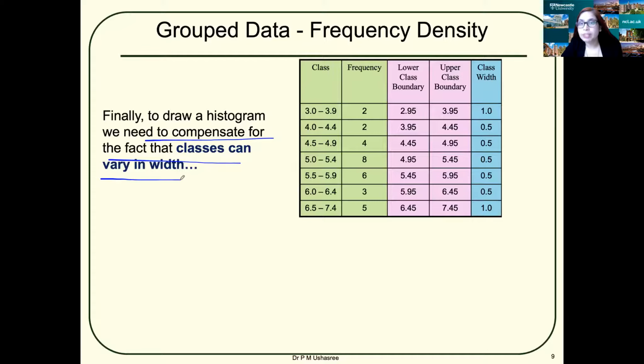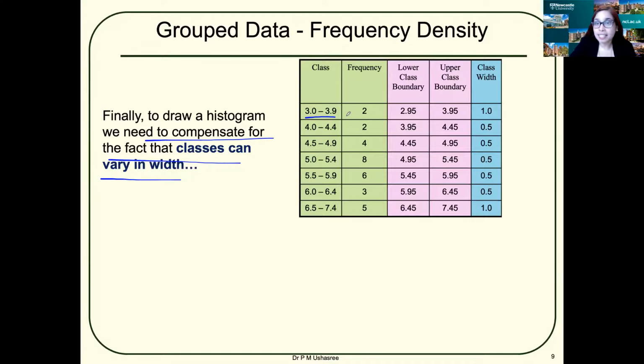If you remember, when we were learning about the grouped frequency table, I did mention that there is no set rule to construct this grouped frequency table. You can make your classes in your own method, in your own style.